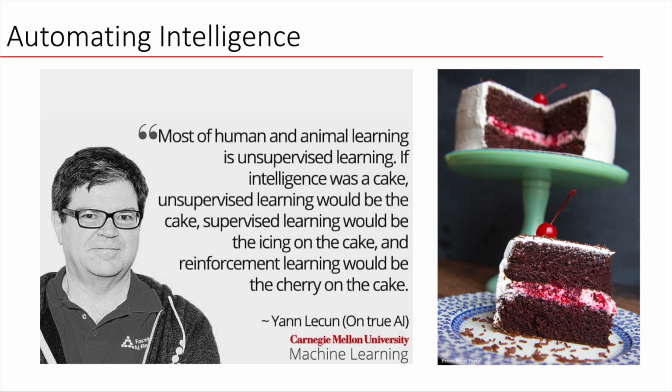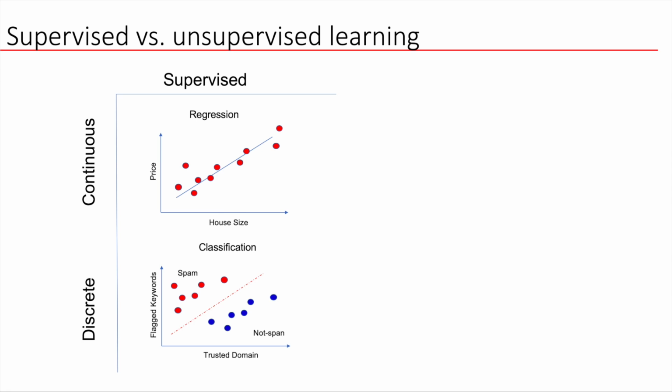Supervised learning would be the icing on the cake, and reinforcement learning would be the cherry on the cake. So you can immediately see that if you're interested in replicating human thought and automating at least manual aspects of its creative aspect, you really need to focus on unsupervised learning.